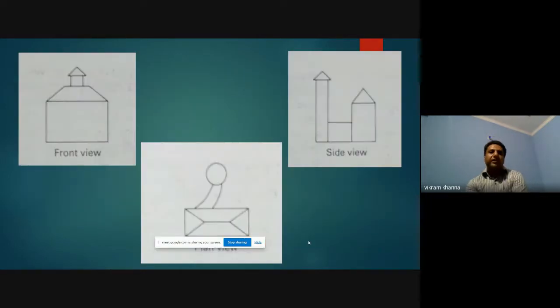Same thing, this is a building which has two parts. One part is in the front and another part in the back. So in front view, what you can see is the pillar which is behind the front part. If you go for a side view, then you can see that yes, the pillar is behind, but they are connected in a straight way.